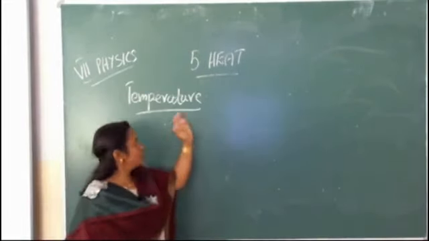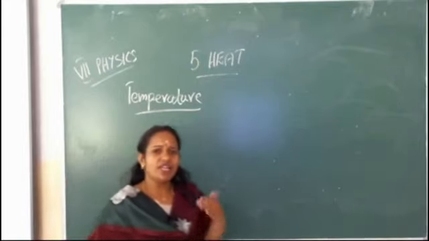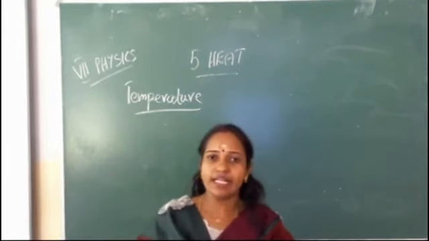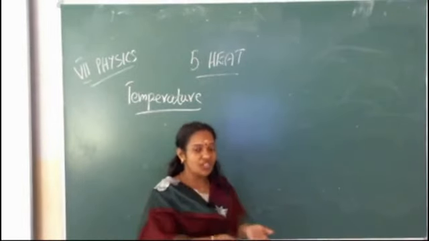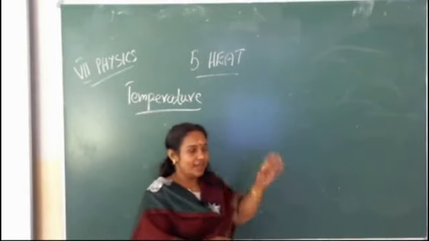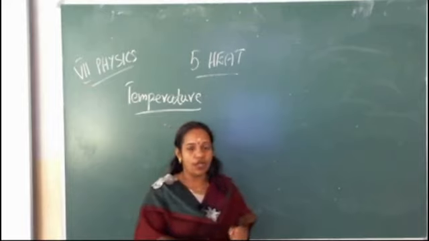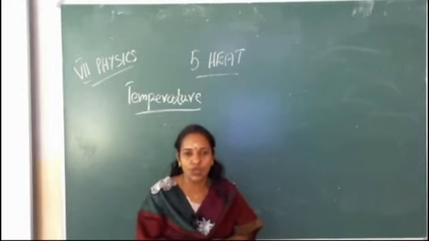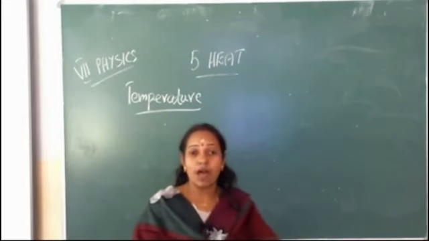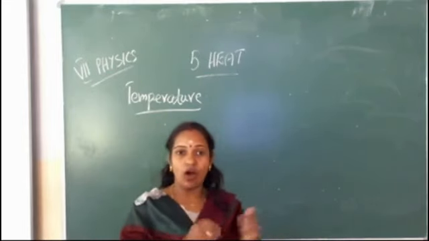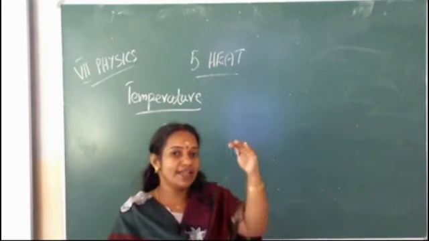Next, we have to study temperature. Whenever we are studying heat, we have to study temperature also. If you are touching an object, we will say that this object is hot or this object is cold. So, in terms of that, how can we say about temperature? For a hot object, the temperature is high.